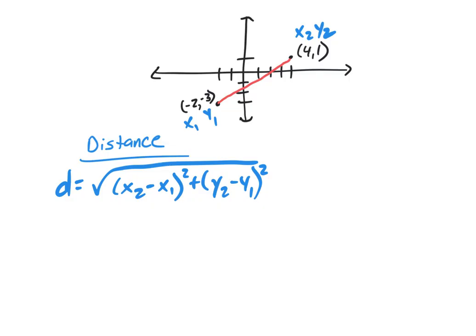And it doesn't matter which one's which, but we're going to label those 2 points as x1, y1, x2, y2. And I could flip-flop. Okay? You'll still get the same answer.